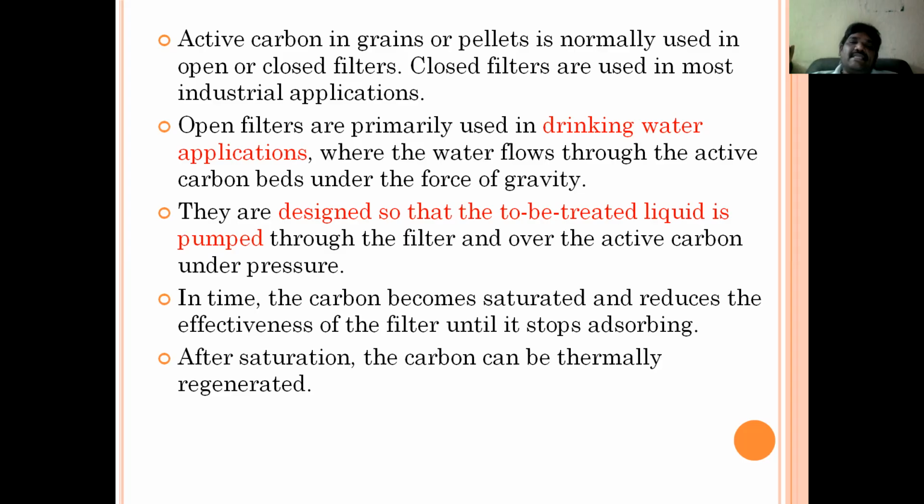At this point in time, the carbon becomes saturated and reduces the effectiveness of the filter. In such cases, the carbon can be thermally regenerated. For that, there are different techniques.